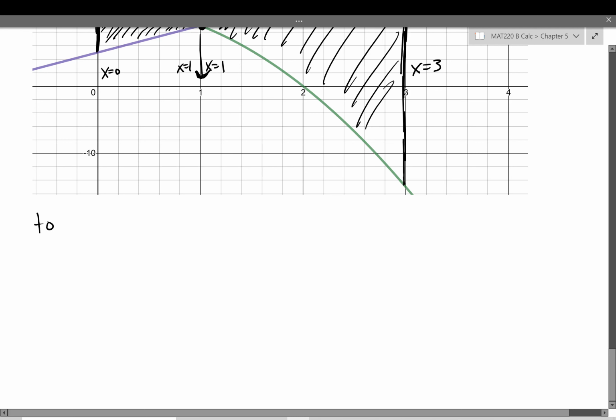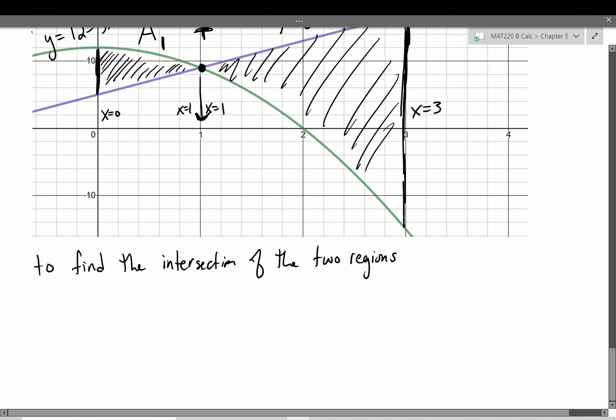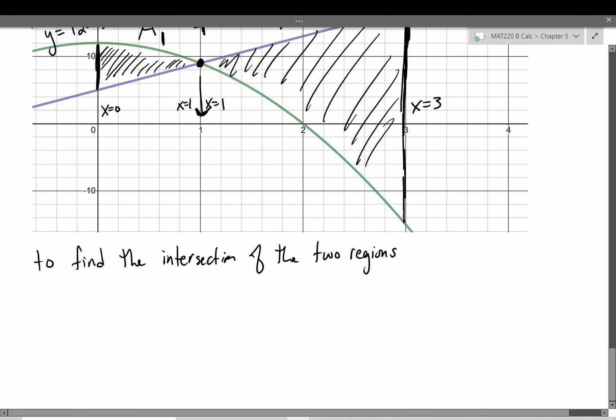So to find the intersection of the two regions involved. All right, so to find this point right here, the black point that I'm kind of over exaggerating how large it is, all right? So to find that point, here's what we know.